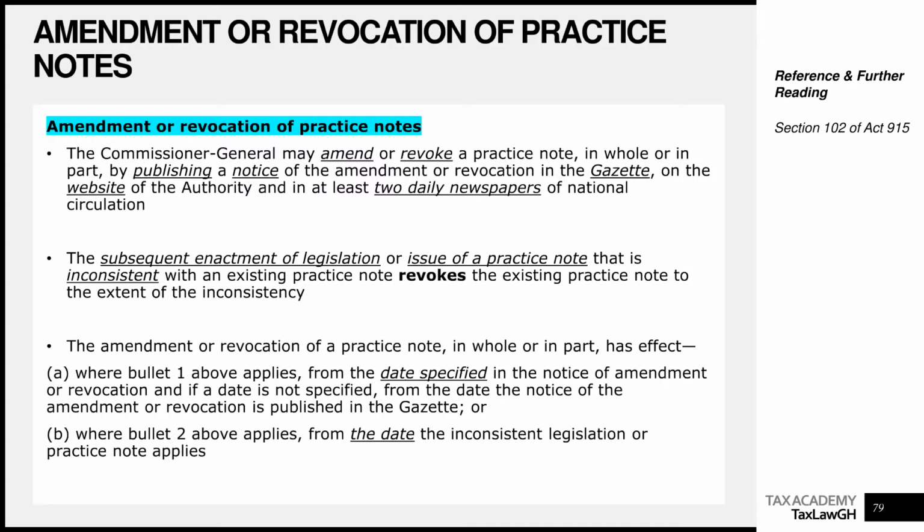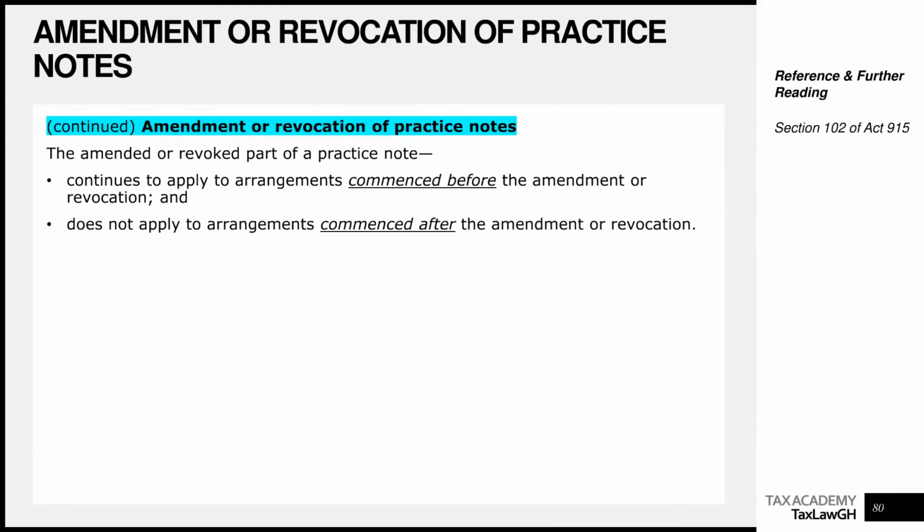Remember this. So practice notes can be amended or revoked. Then we are saying the amended or revoked part of a practice note continues to apply to arrangements that started before the amendment or revocation, but it doesn't apply to arrangements that started after the revocation. So this is just a simple before and after case.